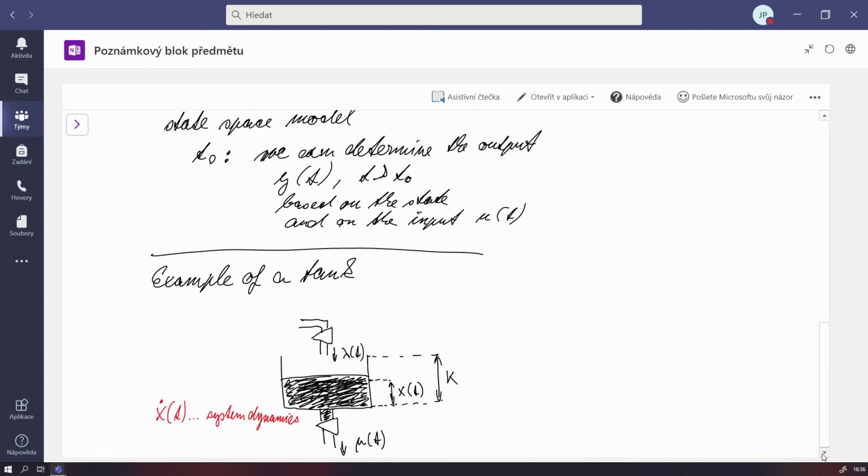So the K represents the constraint so that the water level, which is the state of the system, is constrained by K. So xt is the state variable.